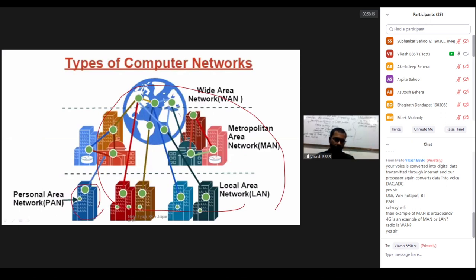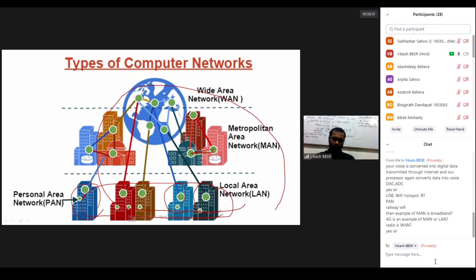One building, from a very small distance. This is one building, this is one building. But here you can tell from this building to this building connection, and suppose in one city these buildings are connected, so this you can tell is a metropolitan network.